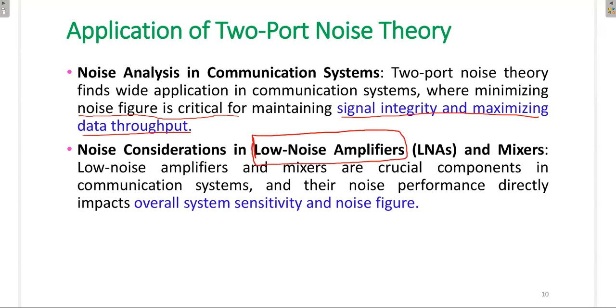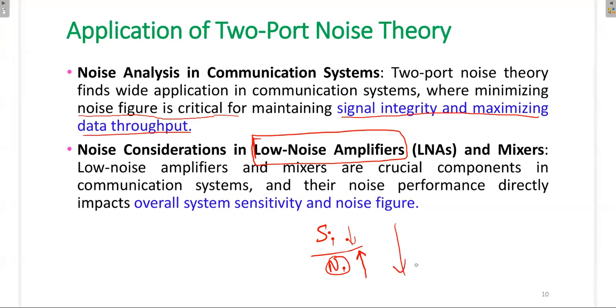Low noise amplifier is an amplifier which adds less noise in the process of amplifying the incoming signal, because whenever we operate with a very low level signal, if our system itself creates some noise that is higher, say for example, I'm operating with less signal power, but in the process of amplifying the signal, if I'm introducing more noise, what will happen?